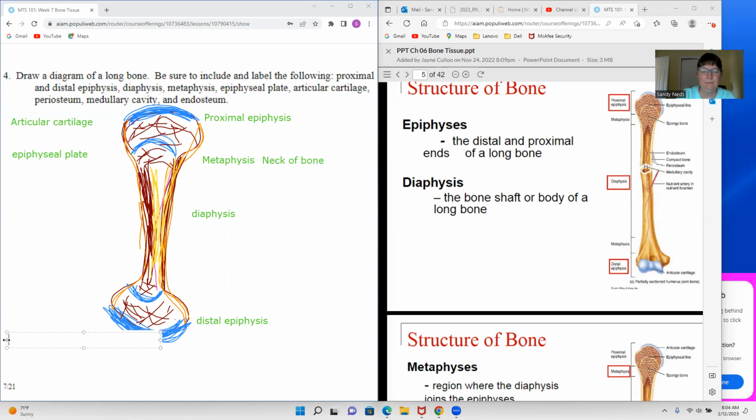So articular cartilage. We have epiphyseal plate.